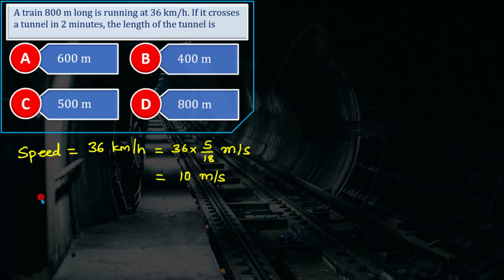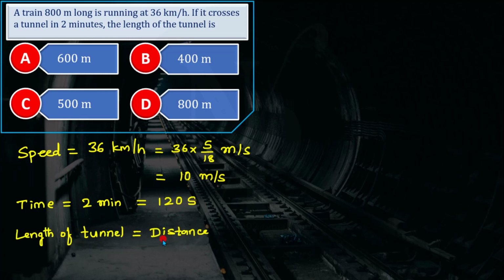And the time taken by the train to cross the tunnel is 2 minutes. Time is equal to 2 minutes, which will be 2 into 60 seconds, 120 seconds. Length of tunnel, which will be equal to total distance traveled by the train in 2 minutes minus length of the train.